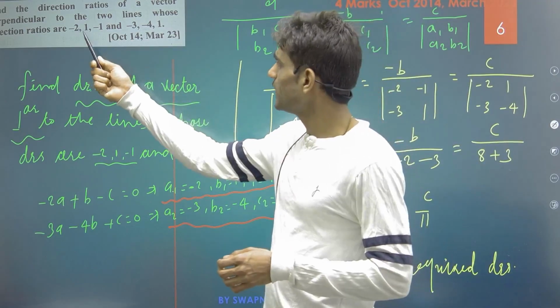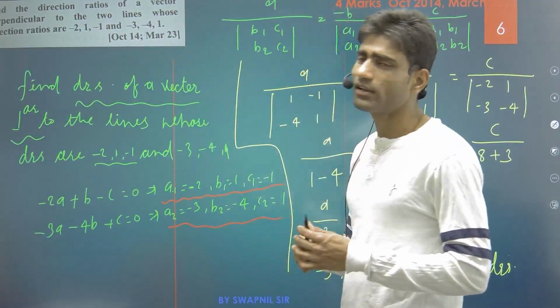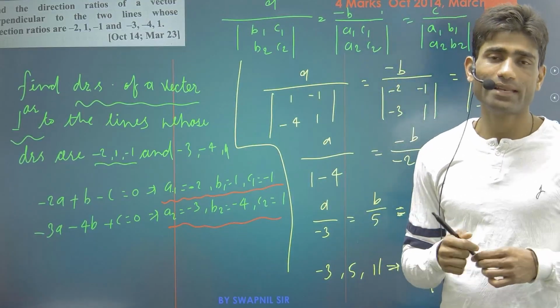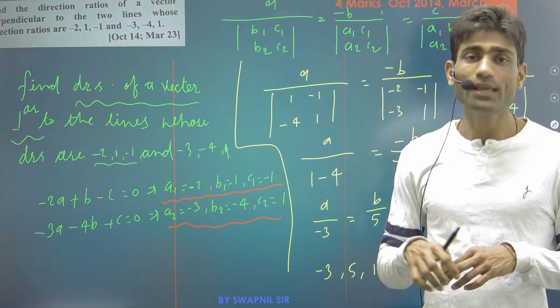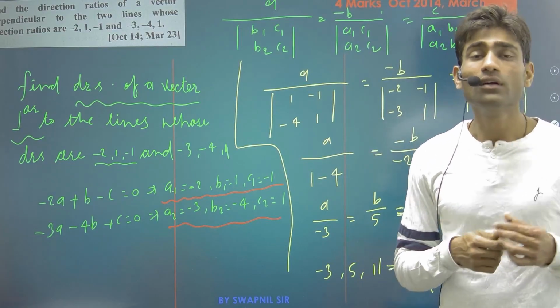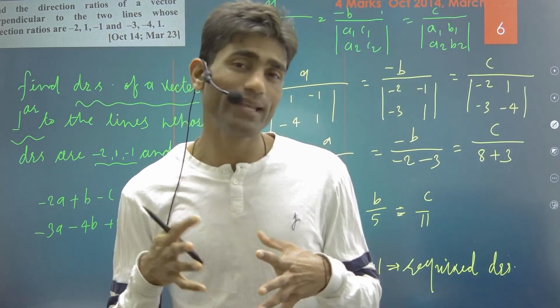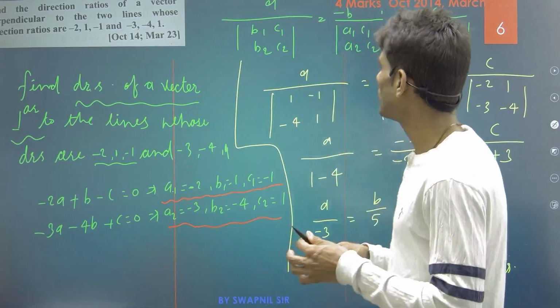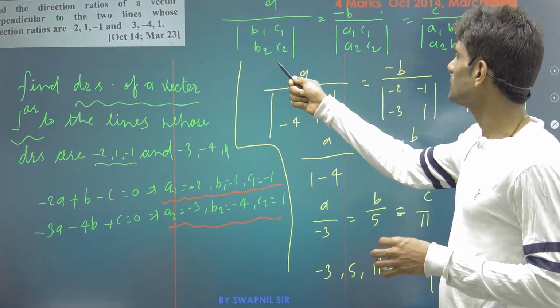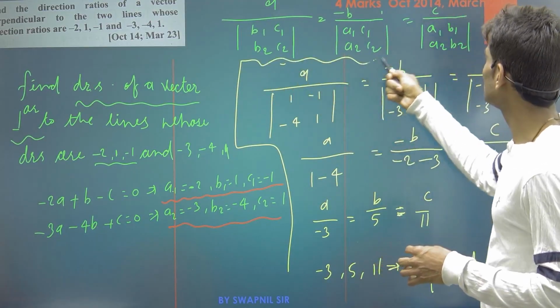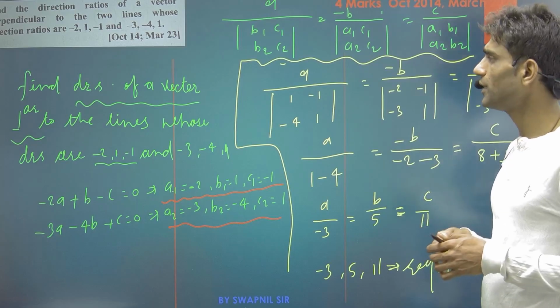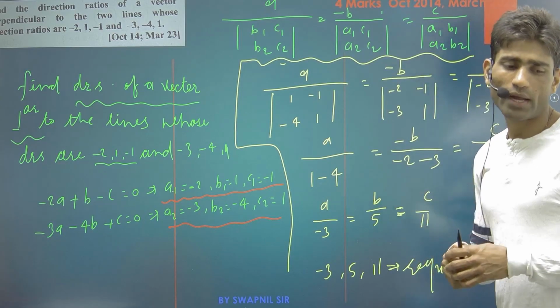Here A1 B1 C1 and A2 B2 C2 are given as direction ratios for the two different points. Using this we have to find the direction ratios for the perpendicular line, and for that we use this standard result, which is very important here. So I hope you all have understood.